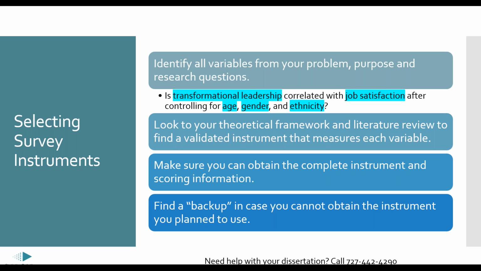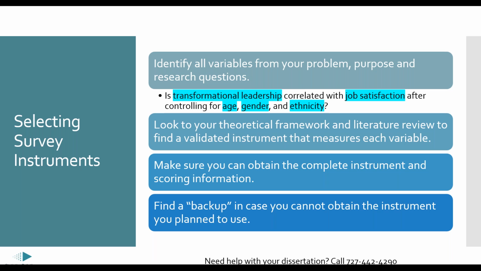So for instance, if your research question is is transformational leadership correlated with job satisfaction after controlling for age, gender, and ethnicity, then you'd want to look at that research question and identify all of the variables that are in that question. So for instance, you'll need an instrument that measures transformational leadership. You'll need an instrument that measures job satisfaction.